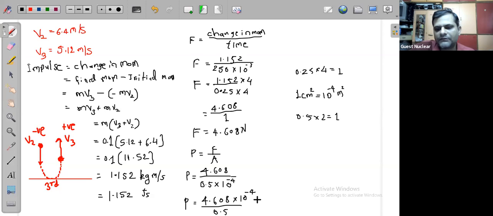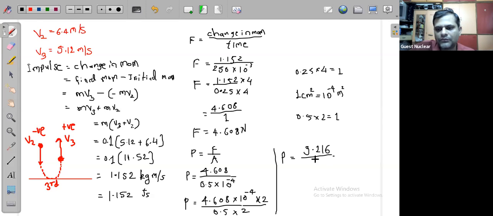Let us multiply by 2 to numerator as well as denominator, so that in the denominator we have the round figure 1, and in the numerator we have 2 multiplied with 4.608, which comes out to be 8 2s are 16, 1 carry, 1 as it is, and 2 6s are 12, 1 carry again, 2 4s are 8 plus 1 is 9.